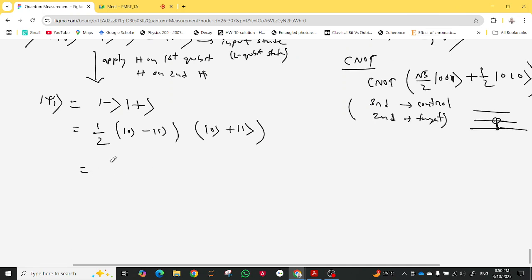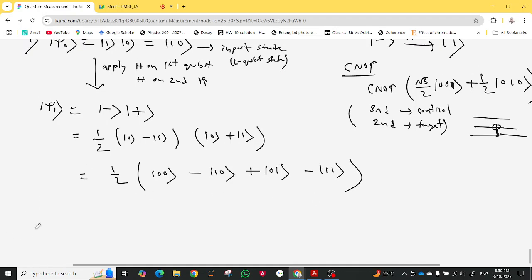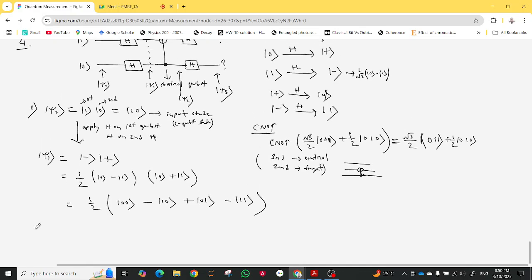Now you write this half: first term is 0, 0 minus 1, 0 plus 0, 1 minus 1, 1. So this is your psi1 state, right?